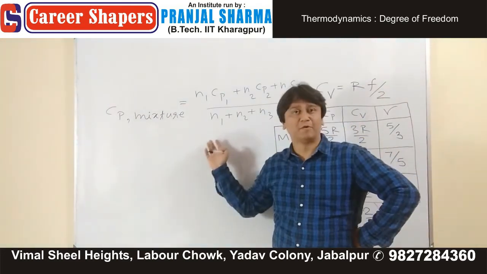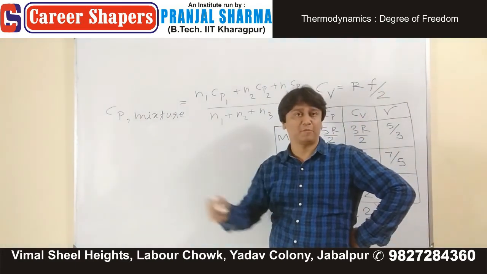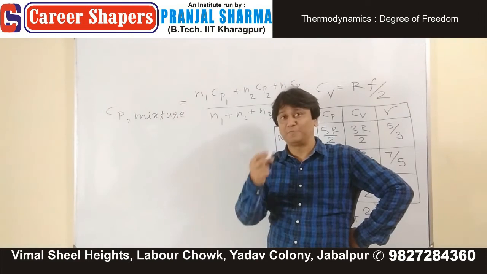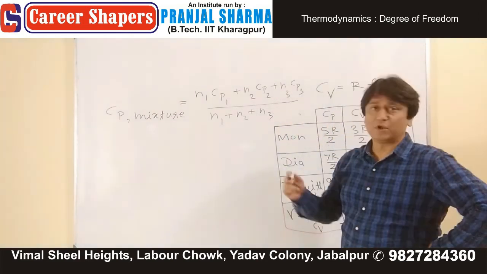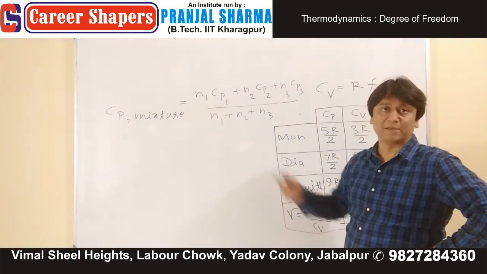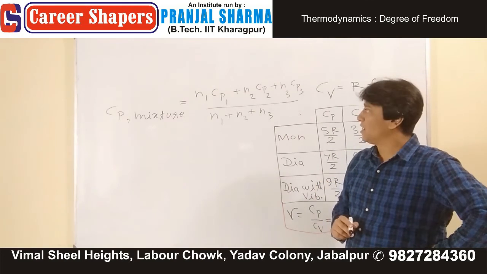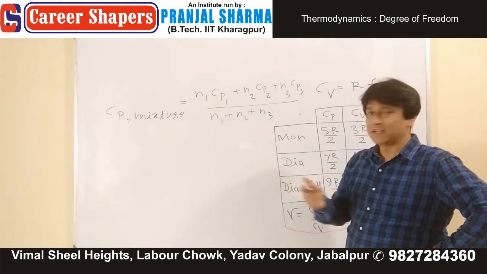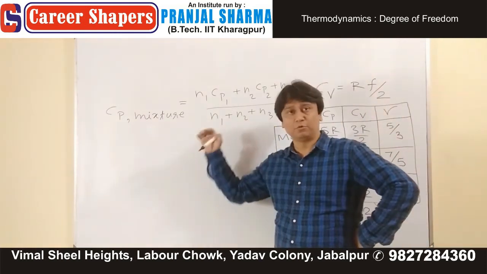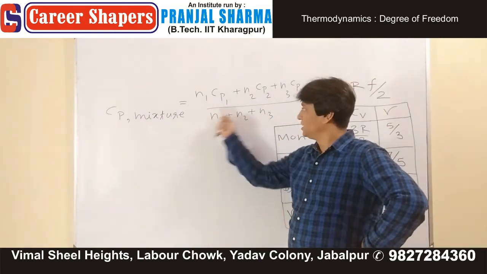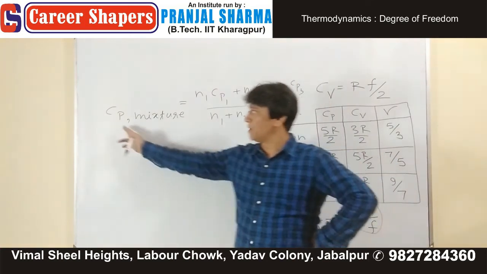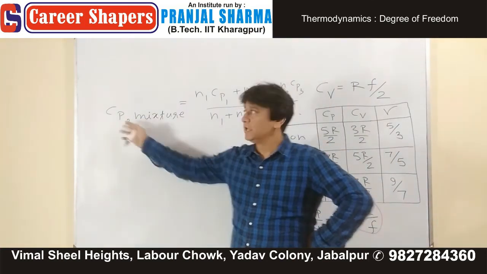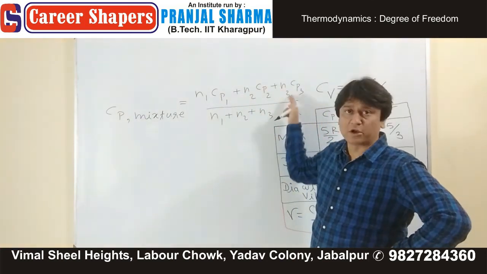Very easy to remember formula, the same format as the center of mass format: M1 x1 plus M2 x2 plus M3 x3 whole divided by M1 plus M2 plus M3. Basically, these many moles multiplied by this is the individual contribution.